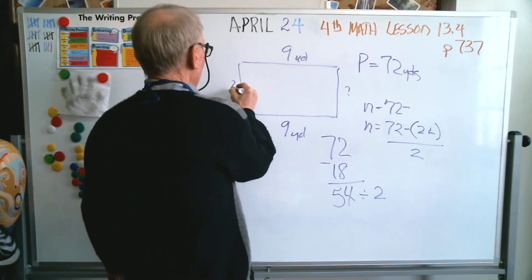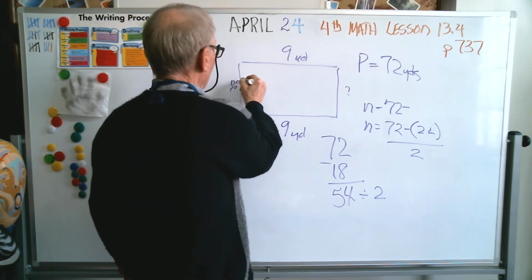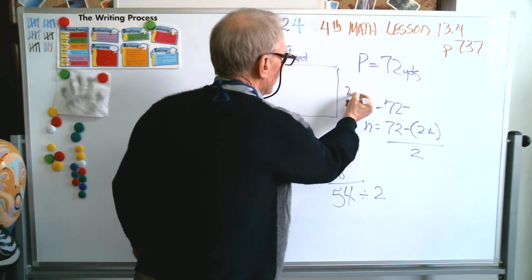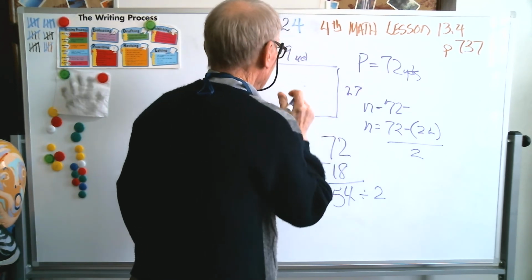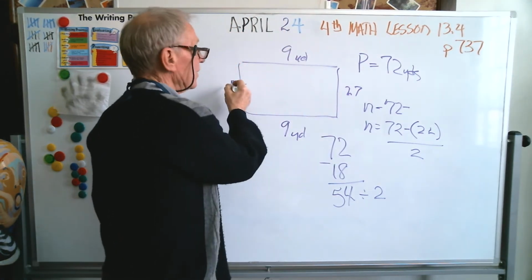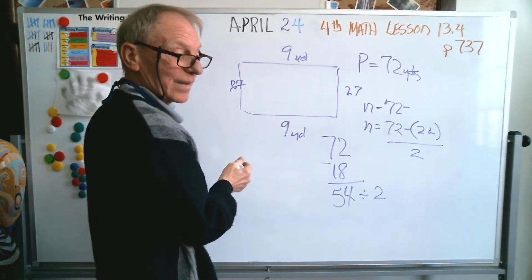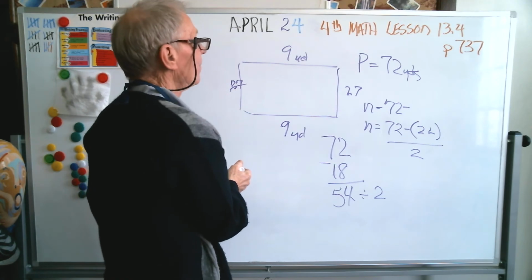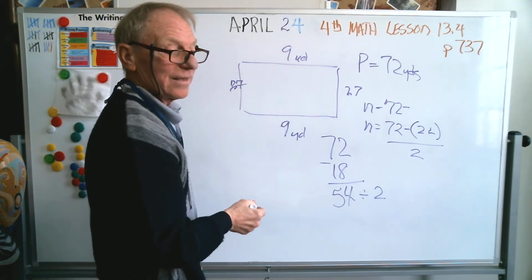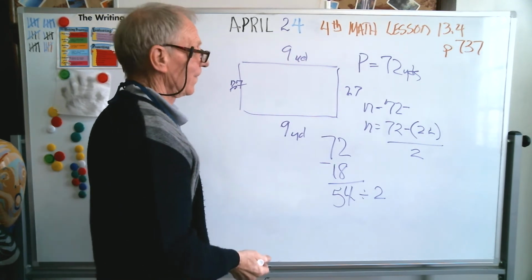So you know that this dimension is going to be 27. Now you can check it. 27 and 27 is 54. Plus 9 is 63. Plus 9 is 72.